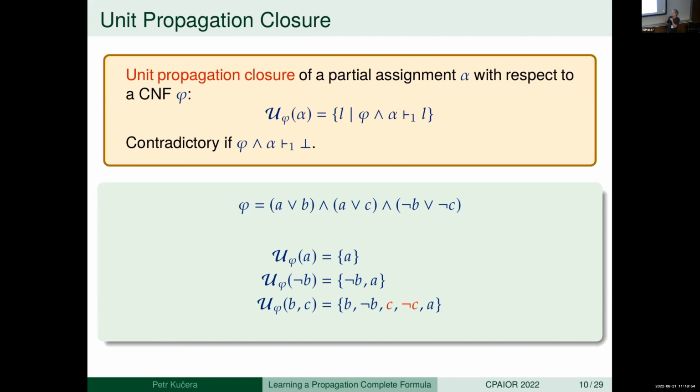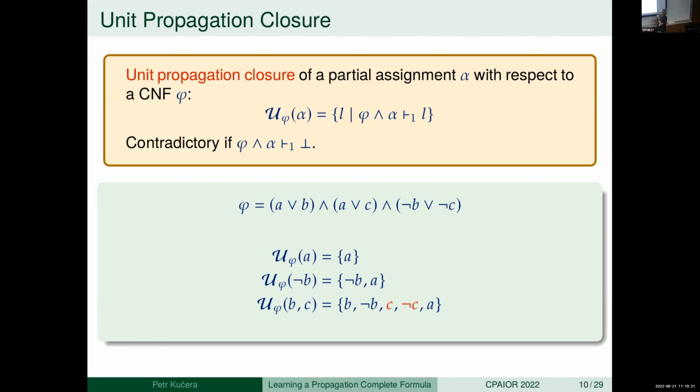In this case, we don't require that all the literals are derived, but only that the set contains a pair of contradictory literals. So for example, if you look at this formula here, if we take the partial assignment just A, then we don't derive anything but this A, right? If we consider non-B, then we can derive A, but nothing else.